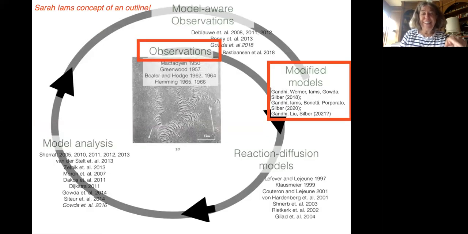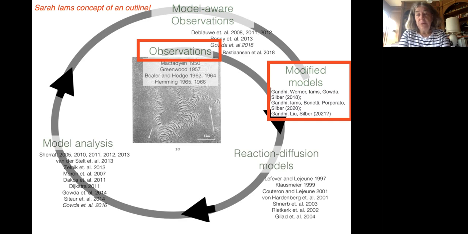Okay, so this particular slide I took from my collaborator, Sarah Imes, and it's her perspective on the arc of mathematical modeling.